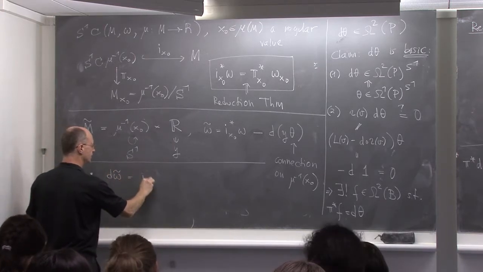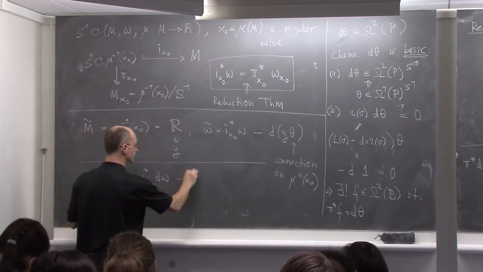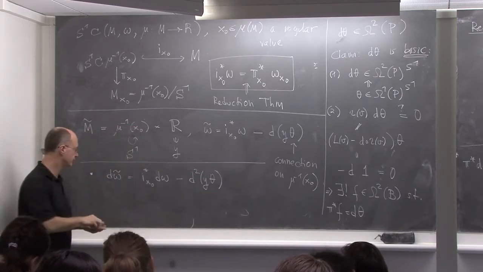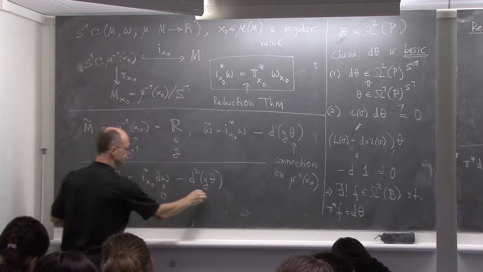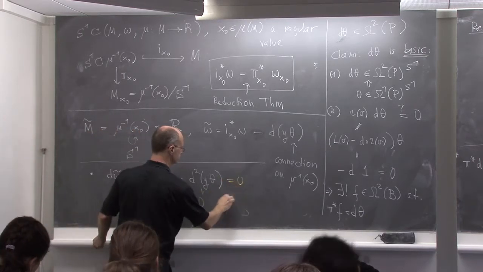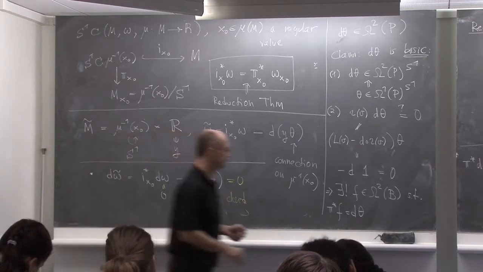It is i x naught star d omega minus d squared y theta, and this is all equal to 0. This is 0, this is 0. So it's closed, that's clear.